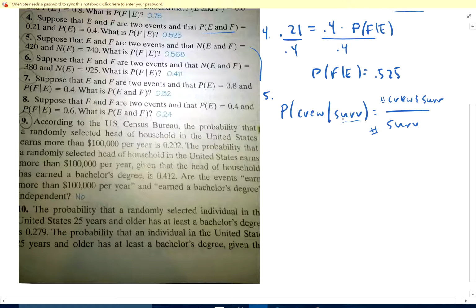Because if it's given survived, we're only interested in the people who survived. And then of the people that survived, how many of those were crew? Well, that's crew and survive.